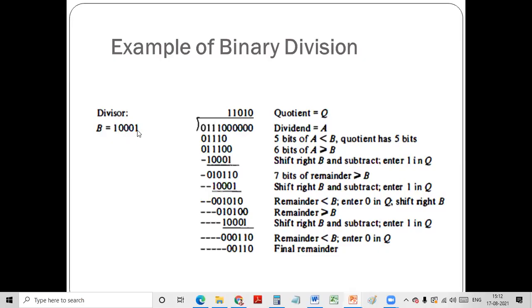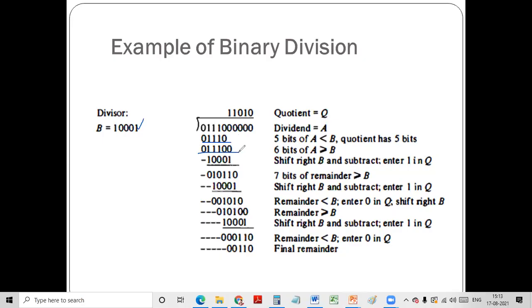Since here we have 5 bits, the first 5 bits are considered. Here A is just 14, but B is 16 plus 2 plus 1, that is 17, which is bigger. So the first 5 bits of A are lesser than B, so I have to take 6 bits of A. If I take the first 5 bits, these are lesser than B, so I am taking the first 6 bits.